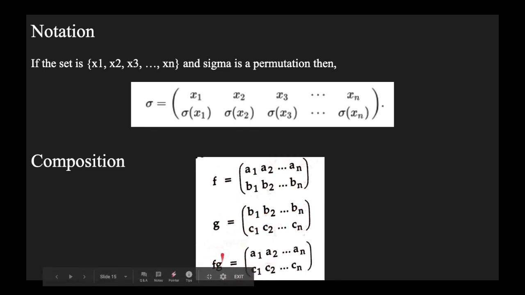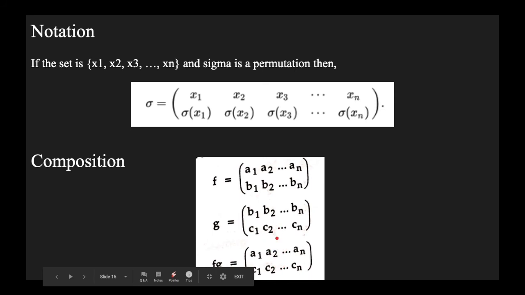Now if we want to find the composition fg, first consider a1. a1 goes to b1. Now in g, b1 goes to where? c1. So the entry will be a1 goes to c1. In a similar manner, a2 goes to b2 and b2 goes to c2. So the entries will be a2 and c2, and so on.